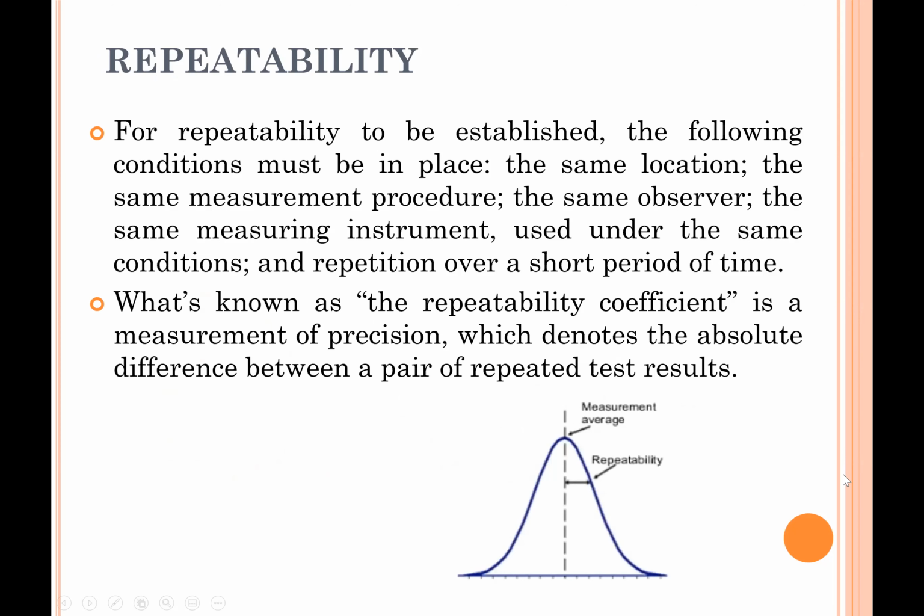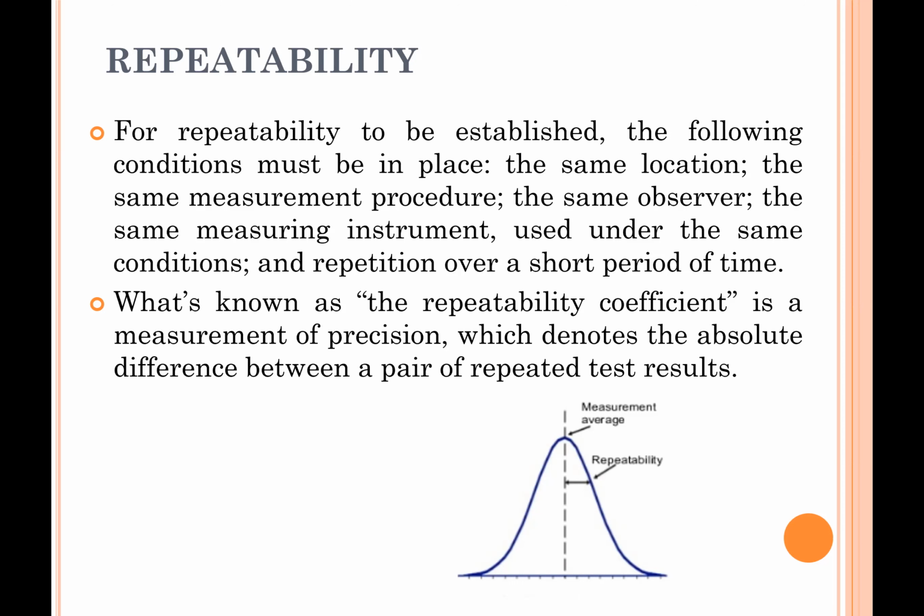Then we have repeatability. For repeatability to be established, the conditions must be in place: same location, same measurement procedure, same observer, same measuring instrument under same conditions, and repetition over a short period of time. So that means under all the locations being same, location को हम same रखते हैं, measurement का process same रखते हैं, observer भी same रखते हैं, measuring instrument भी same होगा.